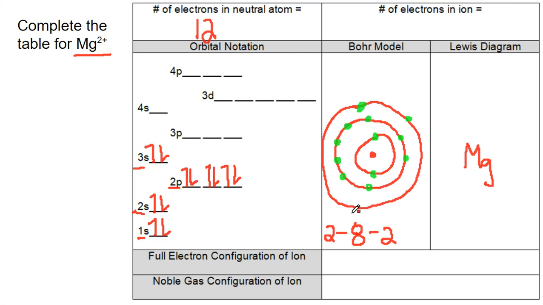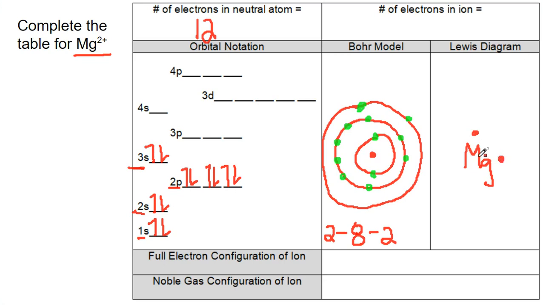So if we go back to the orbital notation diagram, it looks like the outermost level that's occupied is the third level. The number of s and p electrons in the third level is a total of 2. Okay, there are 2 valence electrons, and those 2 valence electrons are represented as these 2 dots on the third shell of the Bohr model. Okay, so I would put 2 dots here.